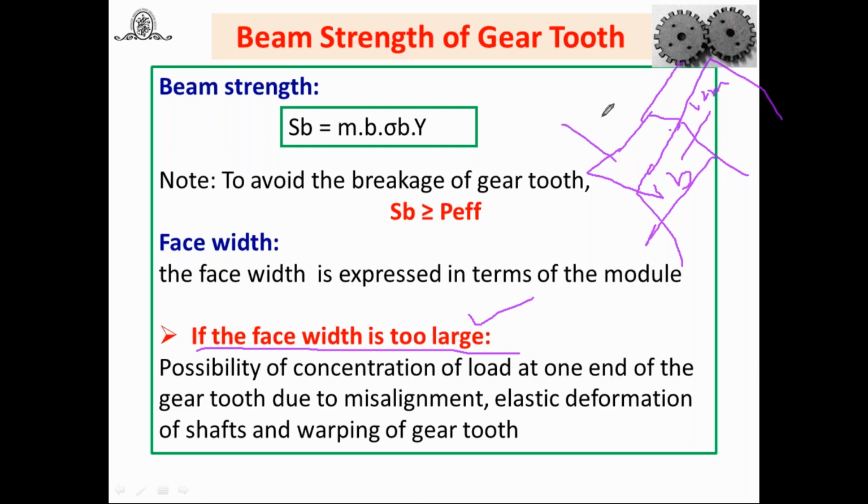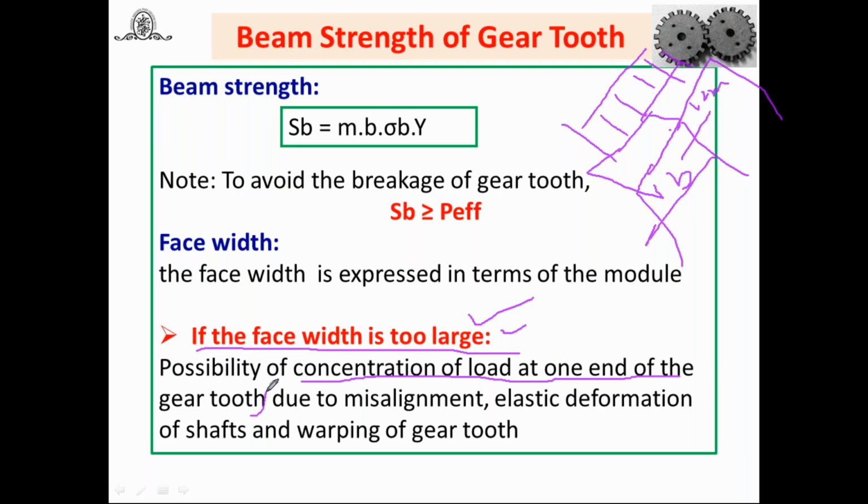In the analysis, we have considered this face width as a cantilever beam. Another assumption is uniform distribution of the force Pt on the face width. But as the face width increases, what would happen? There is concentration of load at one end of the gear tooth, that means there is no uniform distribution of load on the face width.